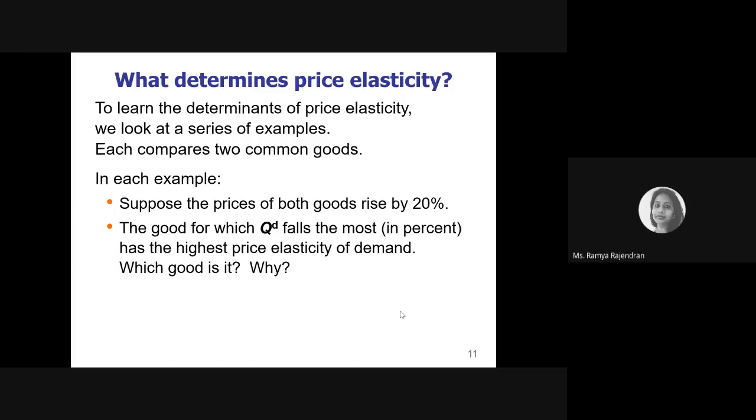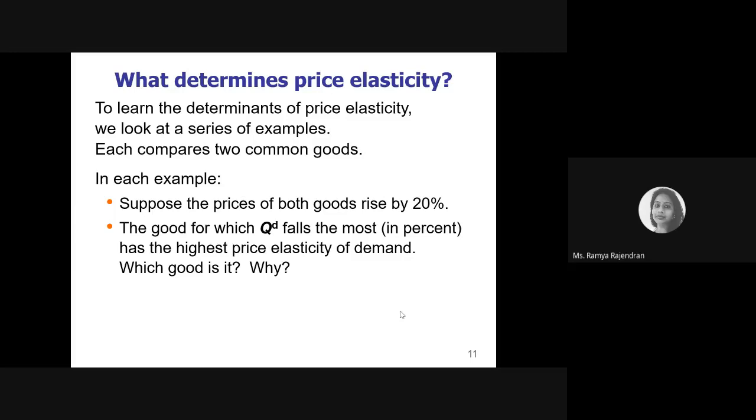For example, you have two goods, and for both of the goods, the price is increasing by 20%. The good which has the highest price elasticity will fall the most, and the good which does not have the highest price elasticity will not fall as much.